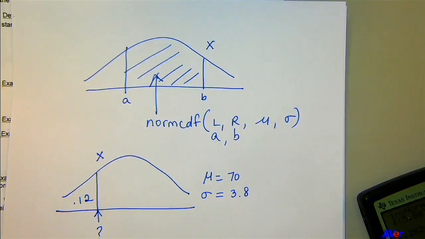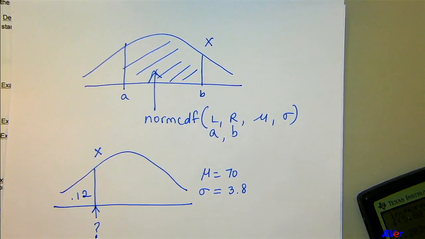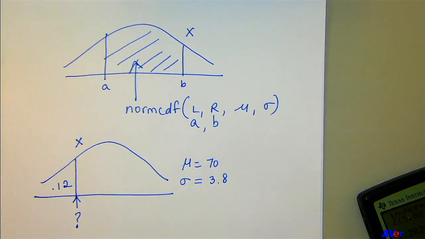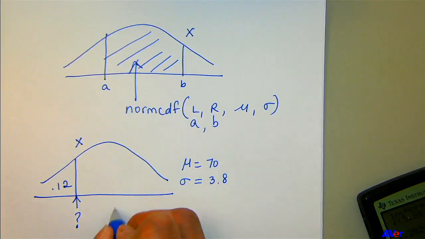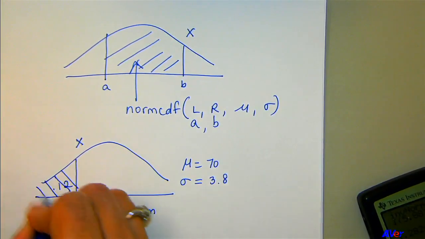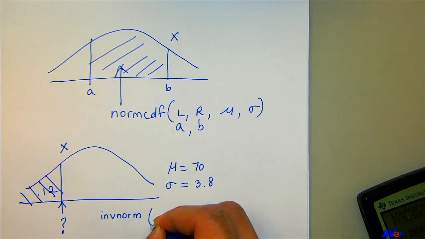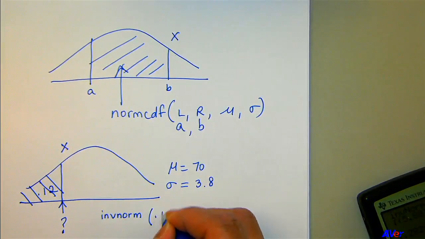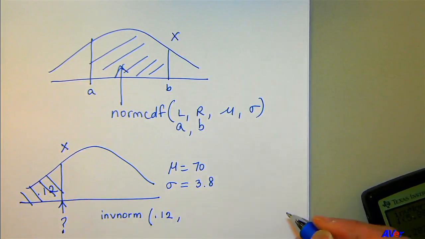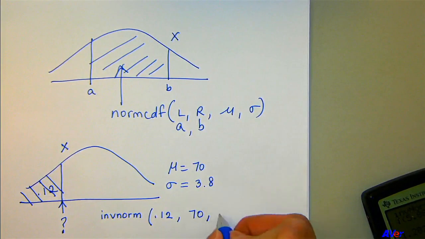So first of all, when I go to look this up on my t-table, 0.12 is not there, so I can't do this by hand. I have to use the calculator, right? You would be stuck without the calculator. So you would go inverse norm. Since they're giving me area and I'm looking for the x, it has to be inverse norm. Percentile. So percentile is 12%, comma, mu, comma, sigma. Just like that.